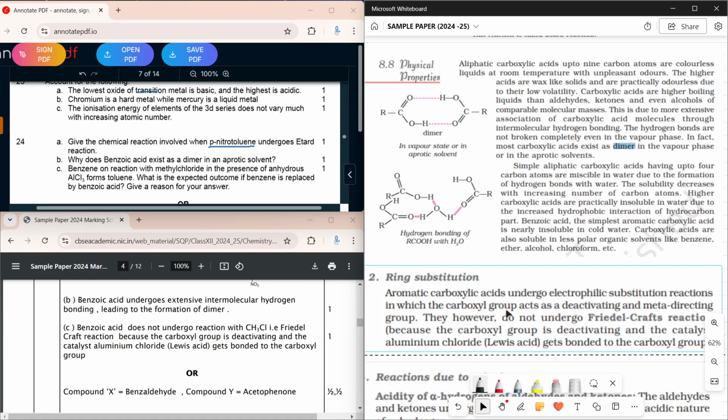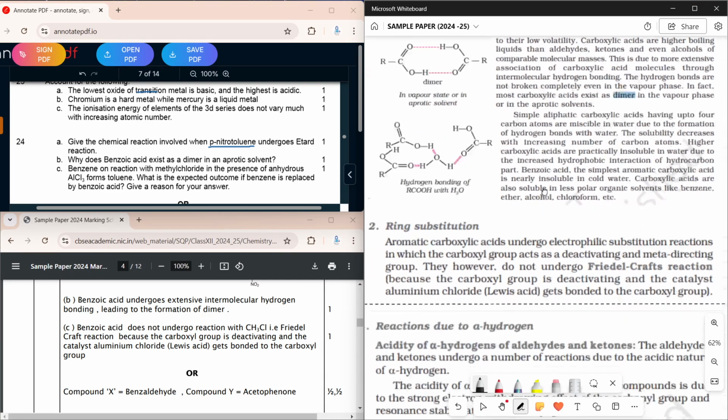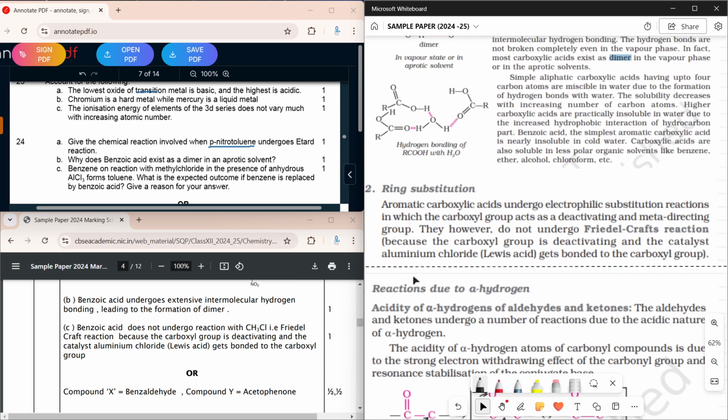However, in Friedel-Crafts reaction, the carboxyl group does not, or aromatic carboxylic acids undergo electrophilic substitution reaction in which the carboxylic group acts as a deactivating and meta-directing group. They do not undergo Friedel-Crafts reaction because of the carboxyl group being ring deactivating, and the catalyst aluminum chloride bonds with the carboxyl group.